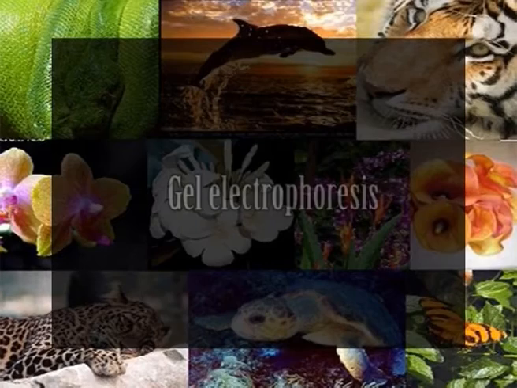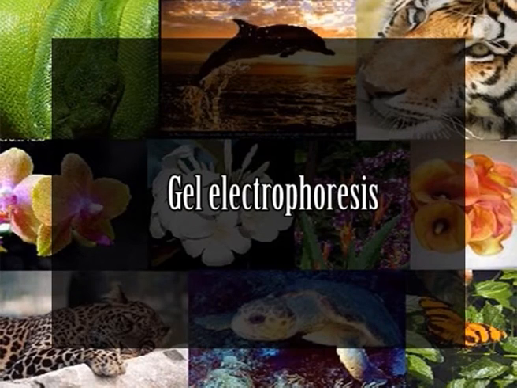Now, various techniques are used for studying the genetic composition of a population. The most common technique for distinguishing different genetic forms of enzymes is by gel electrophoresis.